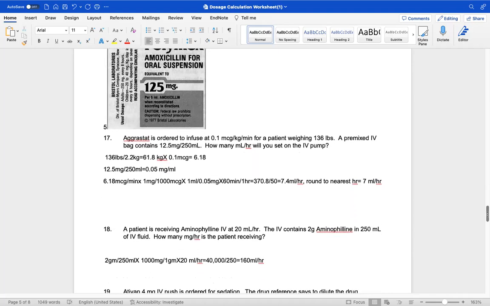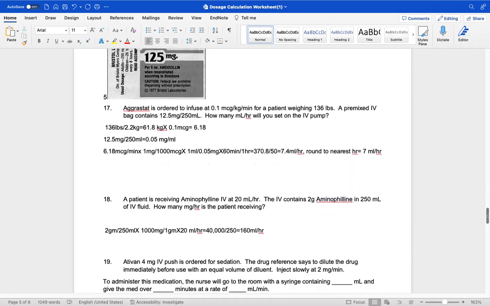Number 17. Aggrastat is ordered to infuse at 0.1 micrograms per kilogram per minute for a patient weighing 136 pounds. We have a pre-mixed IV bag that contains 12.5 milligrams per 250 mLs.